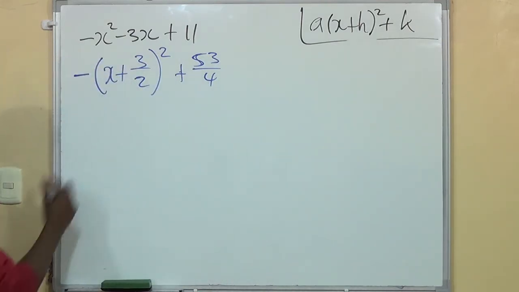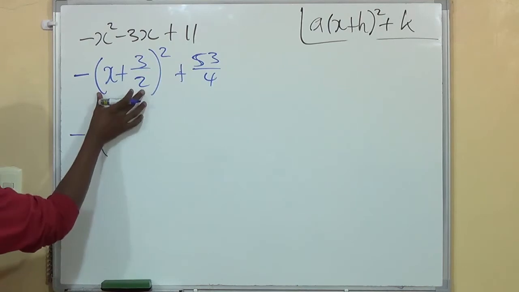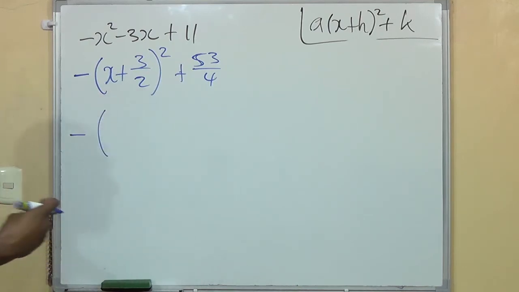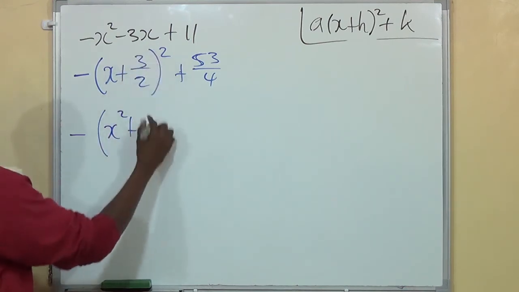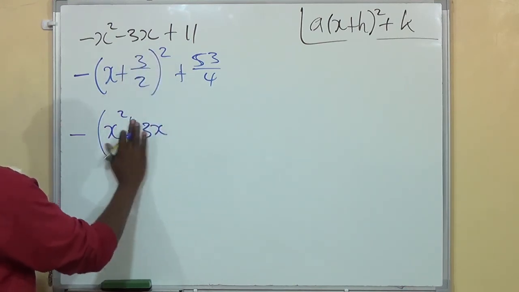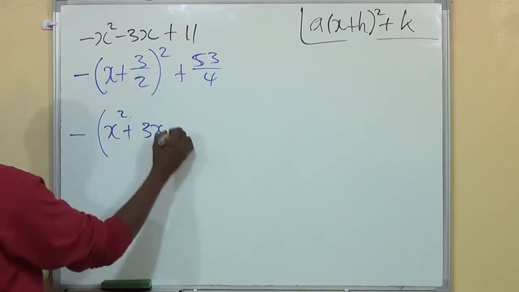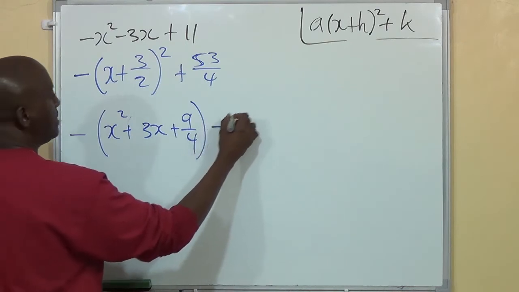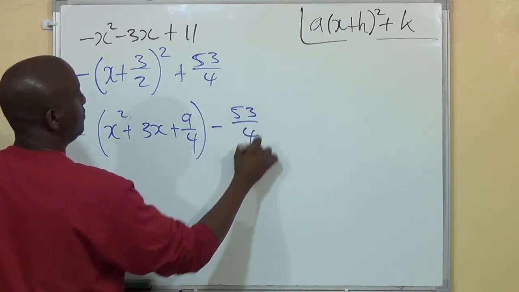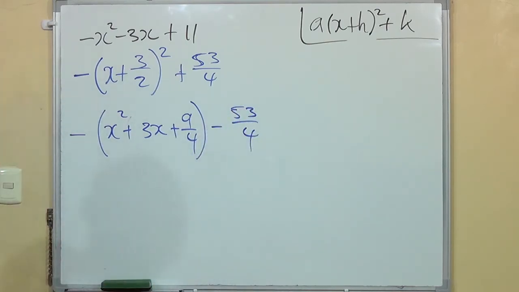So we take the minus sign, minus into, and we square this in accordance with the expansion we went through in the very first video in this series: x squared plus 3 over 2 by 2 is 3x, 3 over 2 squared is 9 over 4, minus 53 over 4.